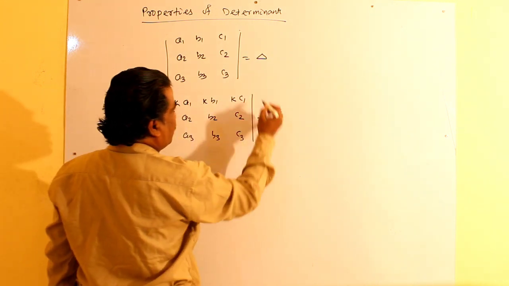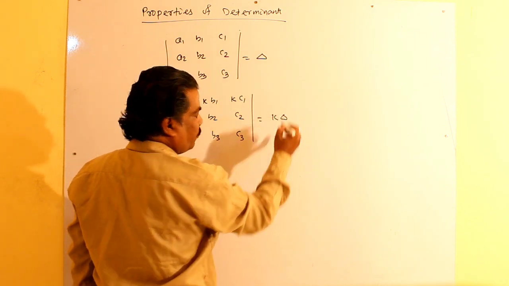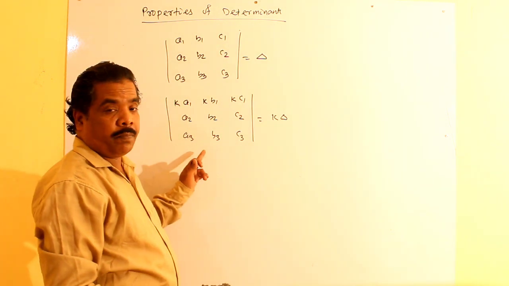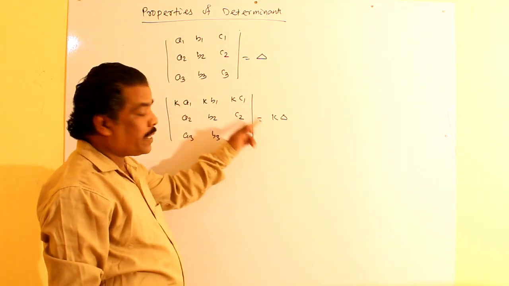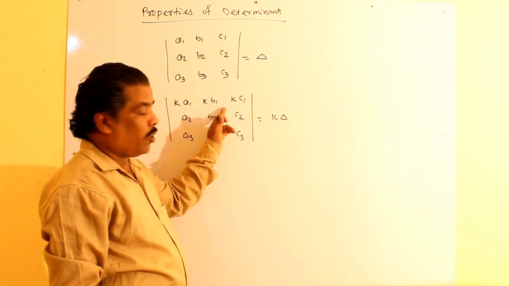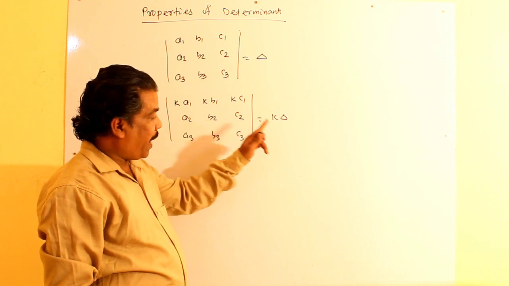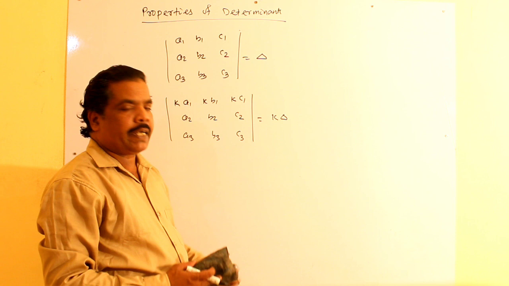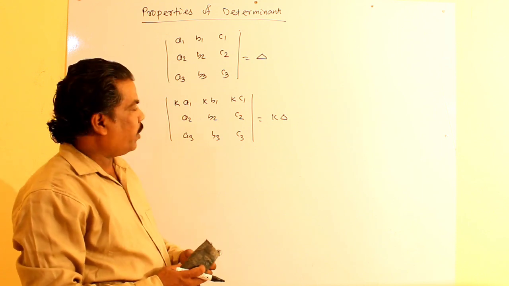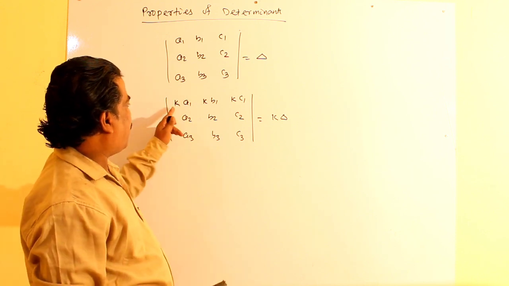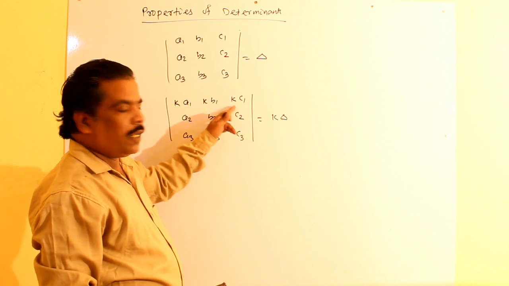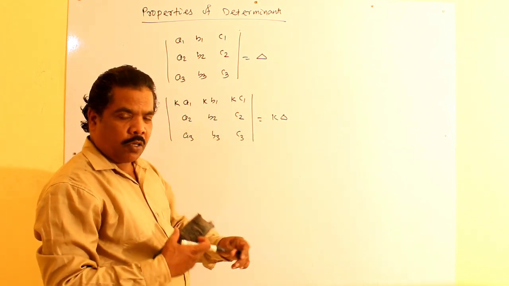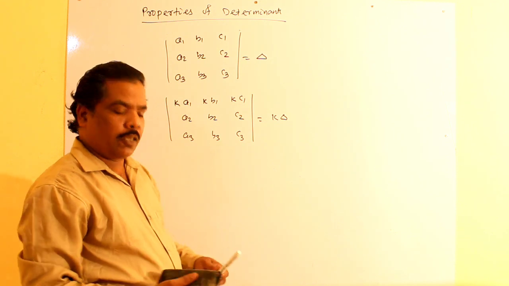Then the value is multiplied by K. If all the elements of any row or any column are multiplied by a non-zero scalar, then the value of the determinant is multiplied by that scalar. If all the elements of any row are multiplied by a constant, then the value is also multiplied by that constant.